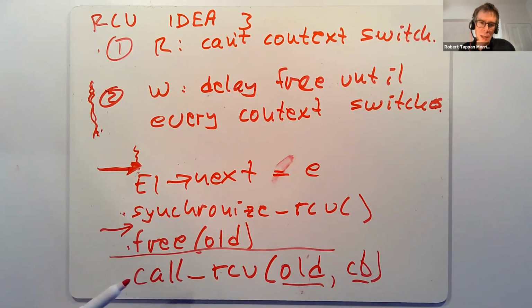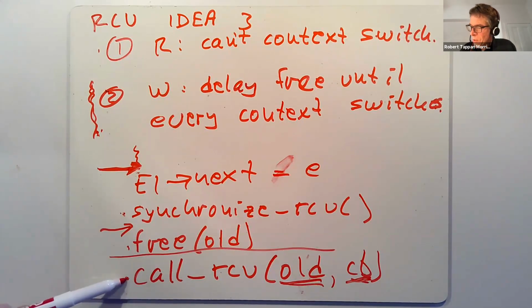The system, in the background after call RCU returns, does some bookkeeping, typically looking at the counts of how many context switches have occurred on each core, to wait until all cores have context switched, and then calls this callback function with this argument. And so this is a way of avoiding the wait, because this call returns instantly.